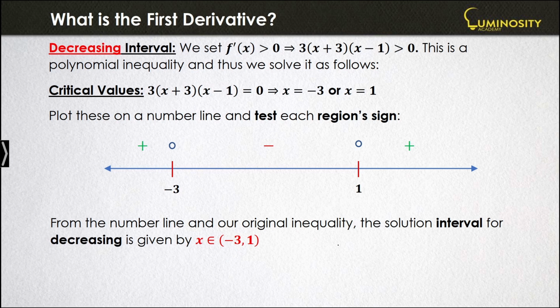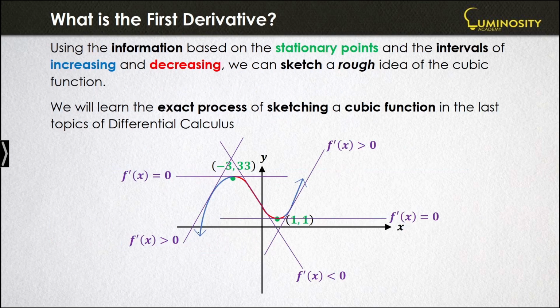The same thing for decreasing. We do the exact same algebraic routine, but now for a decreasing interval, it is less than 0. So solving for less than 0 will give us this region here, which we found in the previous question as well. And again, it's decreasing on x's from negative 3 to positive 1.